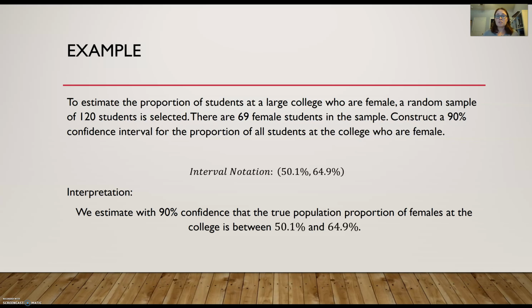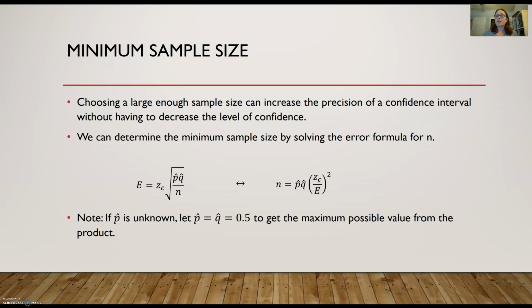Now, something else that I can do before we go, that you can do with a population proportion, is find the minimum sample size you need for a particular accuracy that you want. So if I choose a large enough sample, I can increase the precision of my confidence interval without having to decrease my level of confidence.